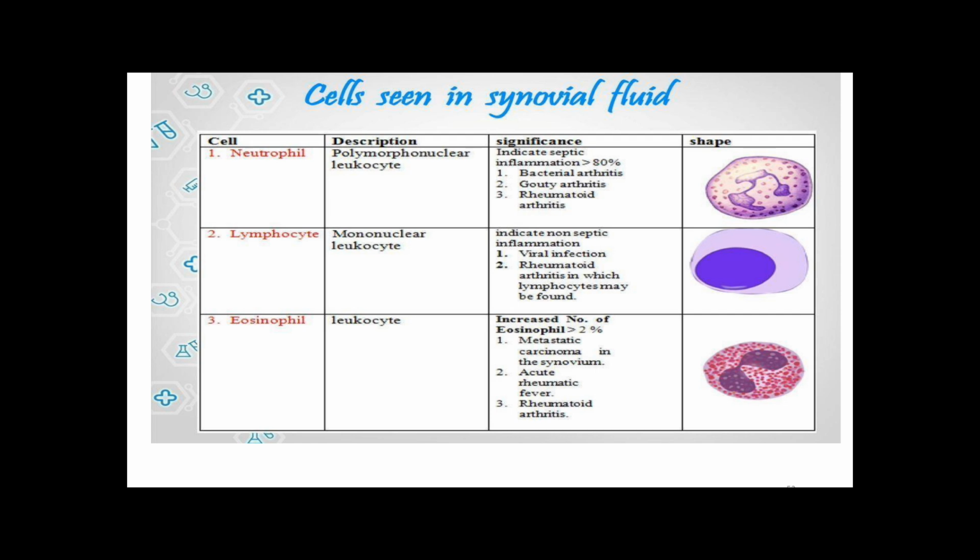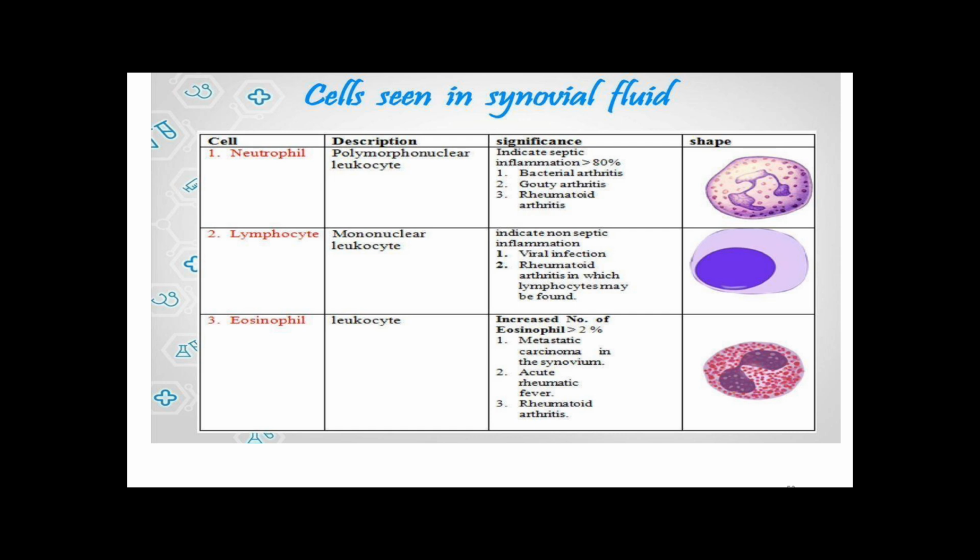During this inflammation, more than 80% of the cells are neutrophils. This is due to bacterial arthritis, gouty arthritis, and rheumatoid arthritis. In these three conditions we can see a large number of neutrophils.